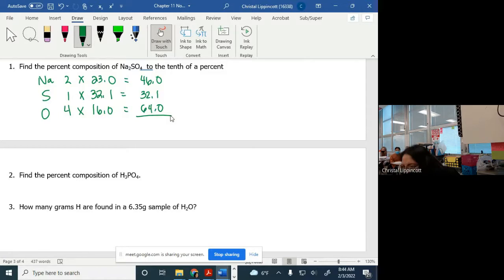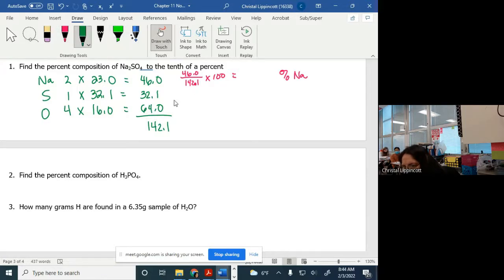164. So I end up with 142.1. So then if I want to do percent composition, I'm going to take the part divided by the whole times 100. And that's going to give me my percent sodium. Then I'm going to repeat the same thing.